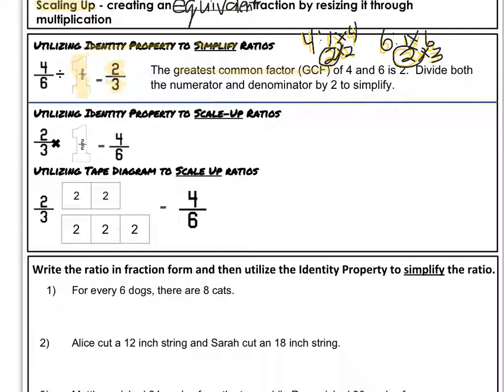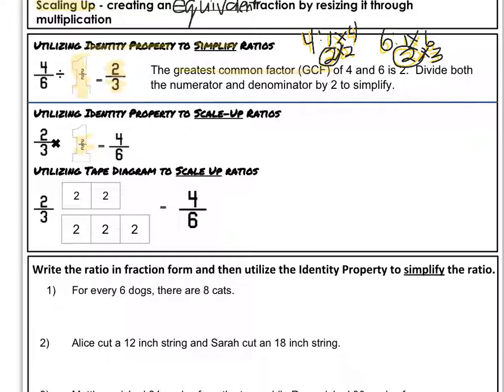If I started out with 2/3, what the original problem simplified to, and I want to scale it up by multiplying numerator and denominator by 2, I'm going to be back to the 4/6 from the previous problem. So 2 times 2 is 4, and 3 times 2 is 6. So it's scaled back up to 4/6.